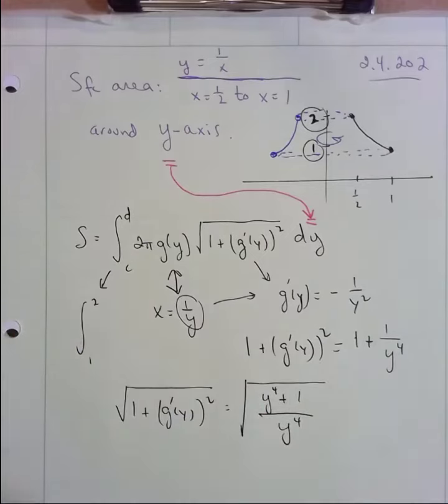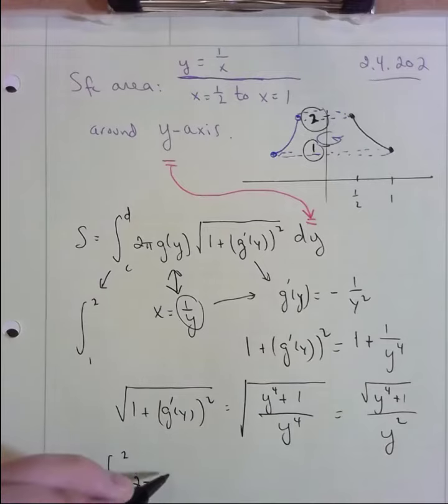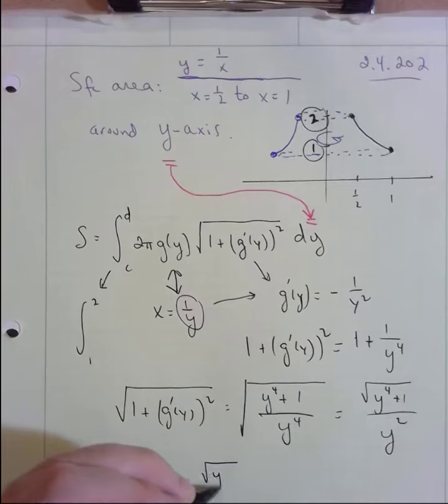That shakes out a little bit because we can let the square root do its thing on the denominator. Putting all this together, we will have an integral from 1 to 2 of 2 pi times the actual function, which is 1 over y, times this square root we just developed.